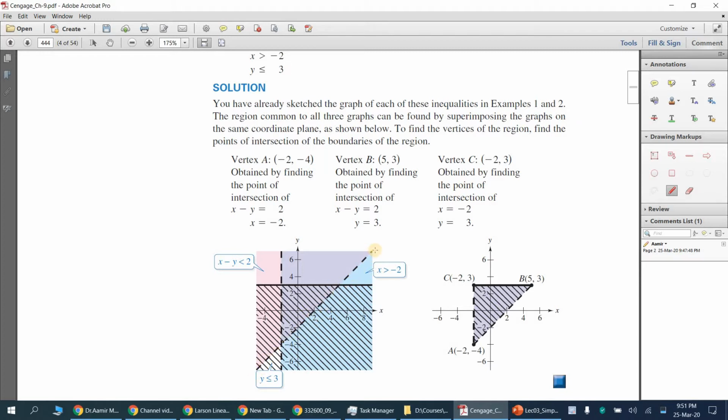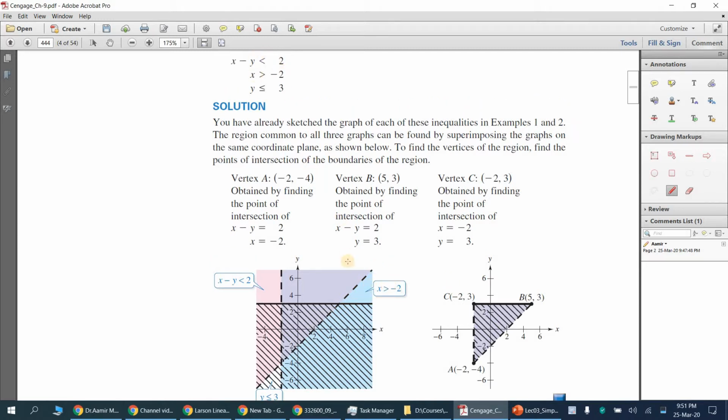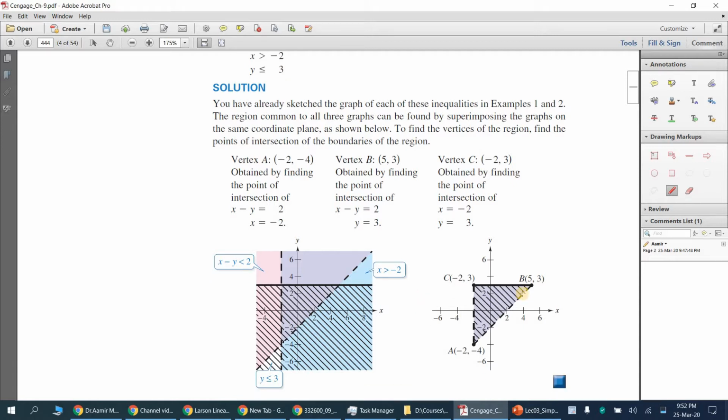Okay, and x greater than minus 2 is the line shown by this horizontal line, the area on this side, greater than minus 2. And then the final one is y less than or equal to 3, it is this one shown over here. So these are the three lines, the three inequalities. When you combine them together, you get this common area.